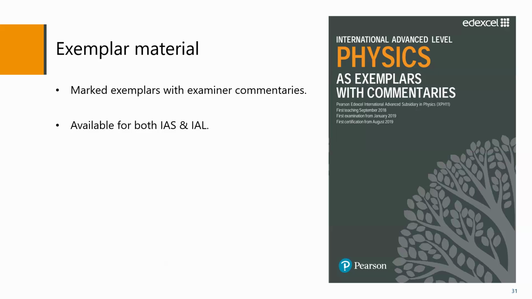Exemplar materials are marked exemplars, examples of real student attempts at the past paper questions with commentaries from the examiners on how they were marked, what went well, what didn't go so well, and the reasons for giving those marks.